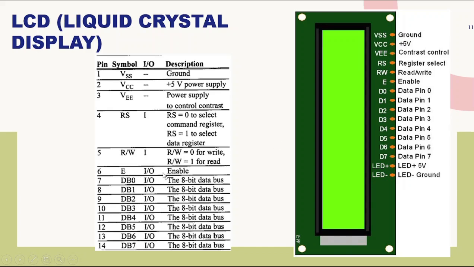And enable is the pin to enable the LCD. It should be high if you want to enable the LCD. And these are the data pins, where DB0 is the LSB and DB7 is the MSB.